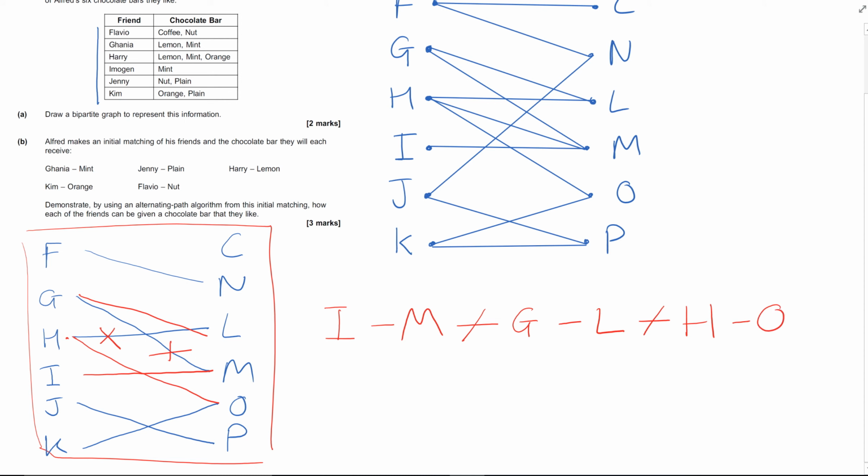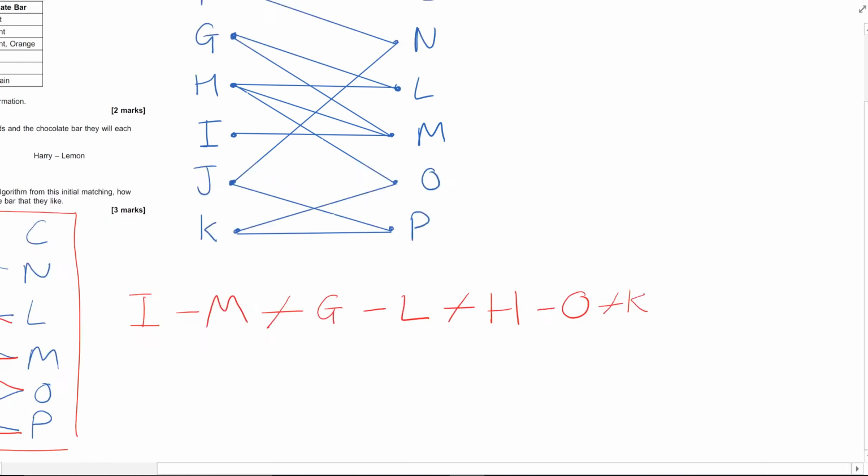Now this is all one continuous line. It's quite important to continue the line. So O is now going to be no longer matched with K. And so K is going to go with P. So I'm going to have to continue my line.